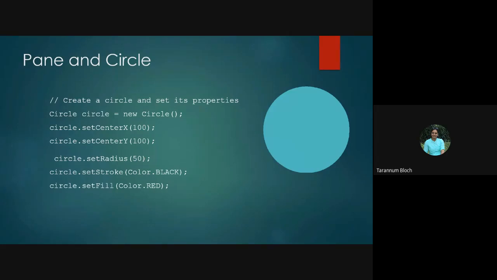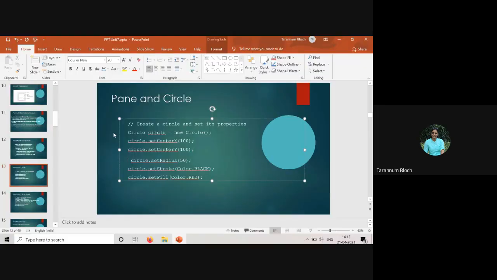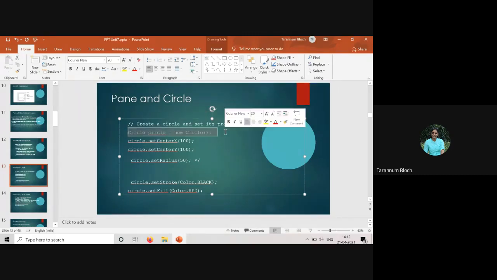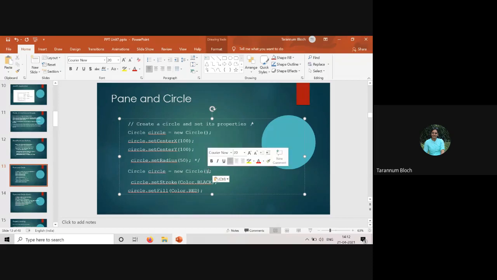Suppose you don't want to go with these three lines. You can go with another option. Instead of writing this, we can write only a single line: you can go with the circle and write the center x, y and radius as arguments.